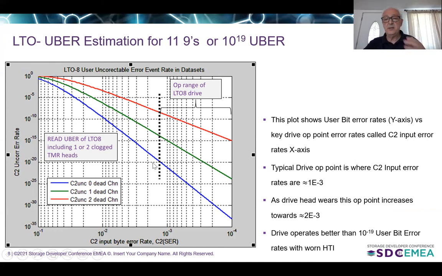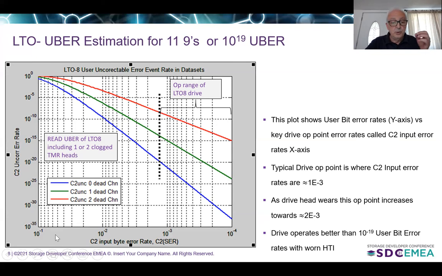The user bit error rate that you hear about is described on the y-axis. That is calculated from the C2 input error rate. Like I said in the previous chart, we have C1, C2. C1 detects errors, corrects them, and provides that information to C2. C2 typically works in erasure mode, looks at the C1 output, and says, these are my errors. I know how to correct them because I can correct up to 12 errors.